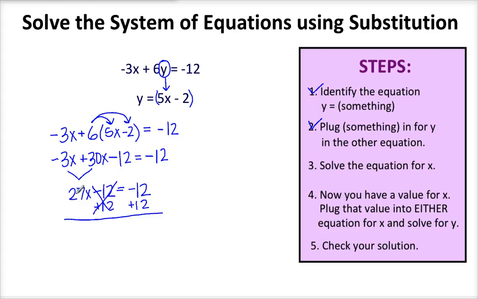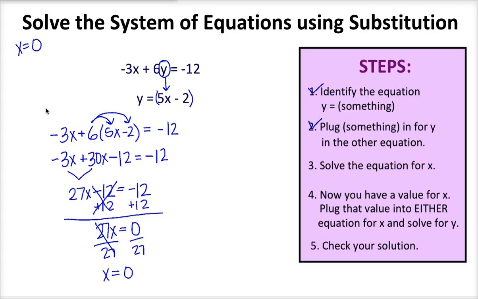They cancel each other out. So I'm left with 27x equals negative 12 plus 12, which is 0. The last step is to divide by 27, but hopefully you can see where this is going. 27 divided by 27 is 1. 0 divided by 27 is 0. So x is equal to 0.